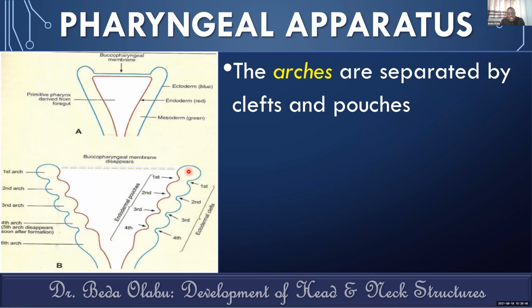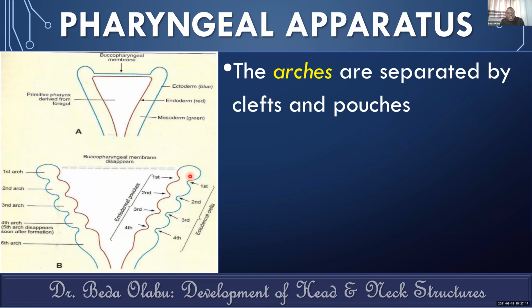Between one arch and another one, on the inside, which is lined by endoderm, that depression on the inside is what we call a pharyngeal pouch. So a pharyngeal pouch is what separates a pharyngeal arch internally. The depression that separates one arch and another is called a pharyngeal pouch.